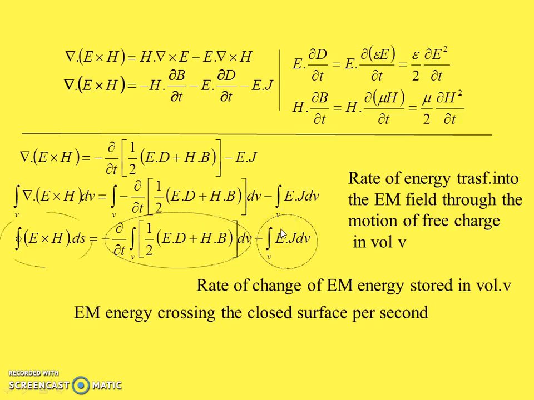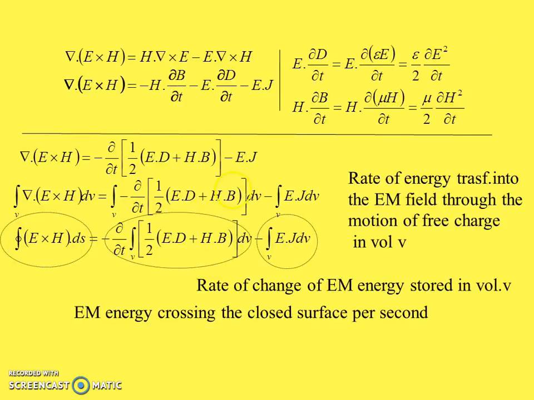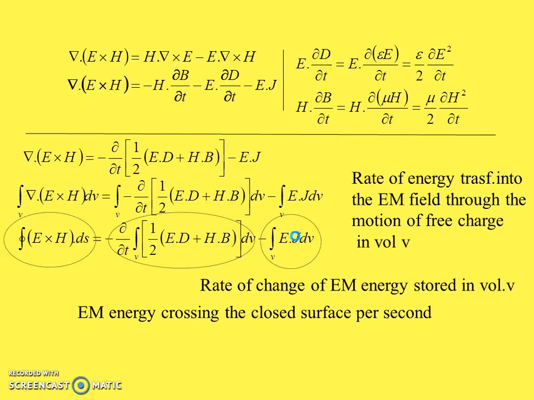Now this is the overall interpretation of the different terms. We are considering the first term, the second term and the third term, and we will interpret them one by one.